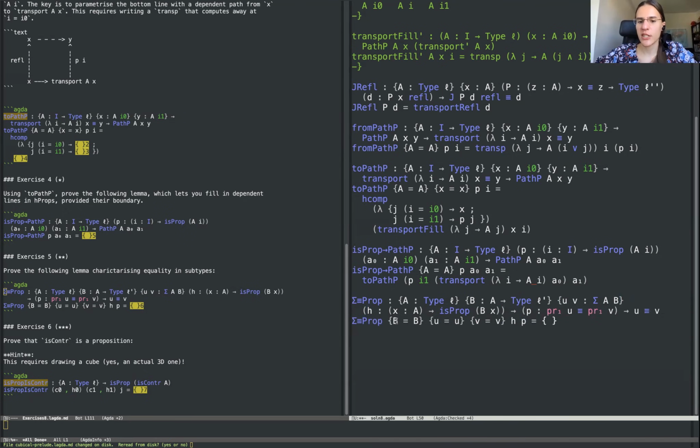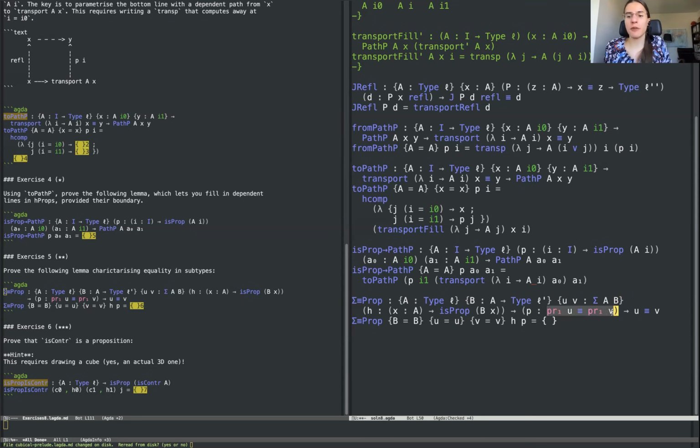So we start off with the data of a type family over its two elements in the sigma type, and a proof that for every point, the type family is a proposition. And we have an equality between the first components of the pair.